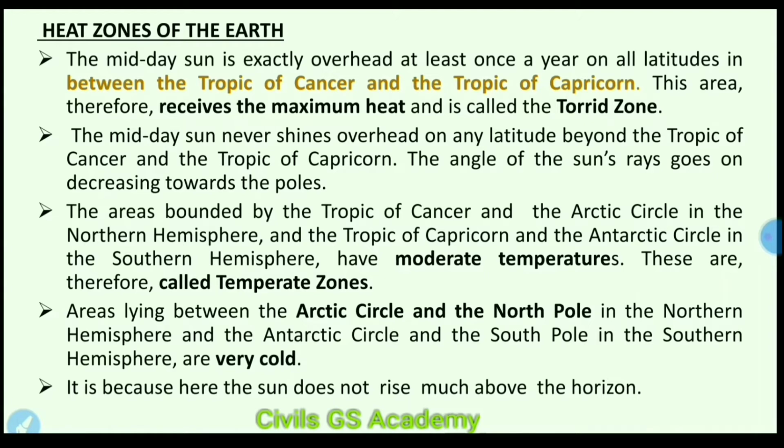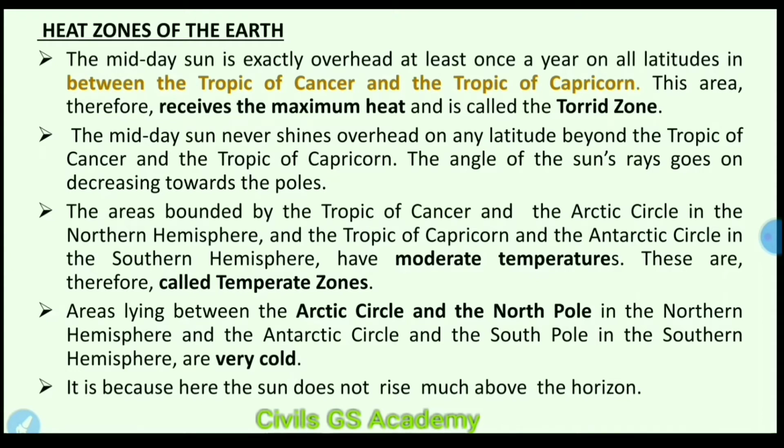because when sun is overhead, its heat or its light will concentrate on a limited area, and that area becomes more heated, and that's why this area between Tropic of Cancer and Tropic of Capricorn is called torrid zone.